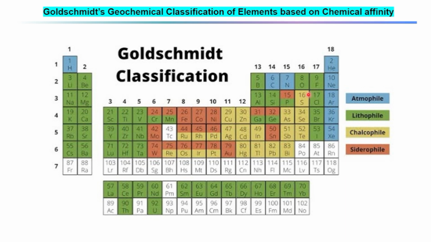You can see here sulfur, selenium, tellurium, arsenic, antimony. These elements are considered chalcophiles, and these red ones are called siderophiles. So you can see iron, cobalt, nickel. And some elements can be both siderophile and lithophile. So depending upon the environment, their nature can also change.